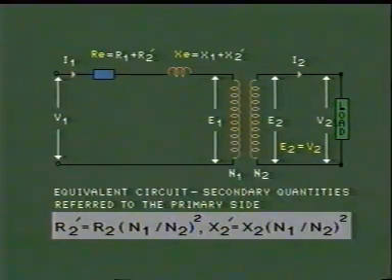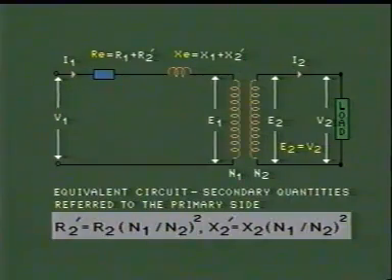Their values: R2 single dash is equal to R2 into (N1 by N2) whole square, and X2 single dash is equal to X2 into (N1 by N2) whole square.